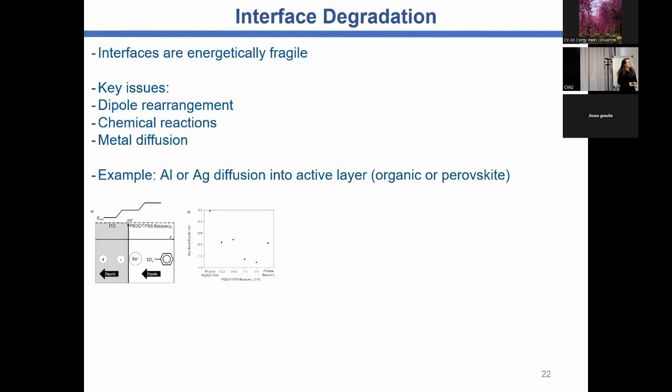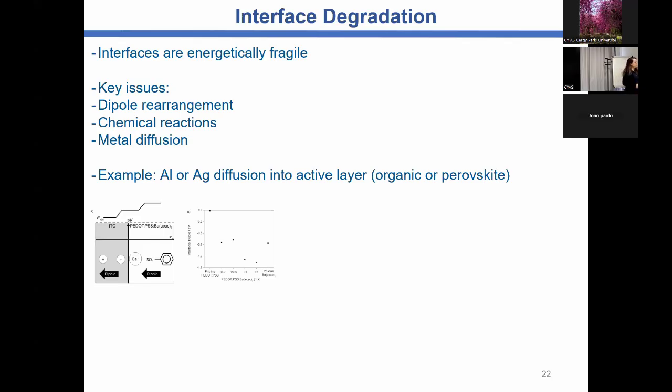The interface degradation that we discussed here is usually the delamination that we discussed, but it also has this dipole arrangement. Depending on the material that you have, you can have chemical reactions, and also metal diffusion inside the active layer or the interlayers.